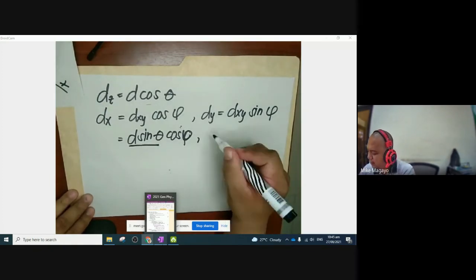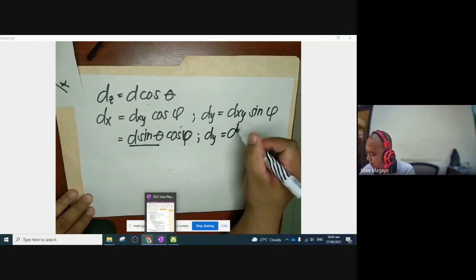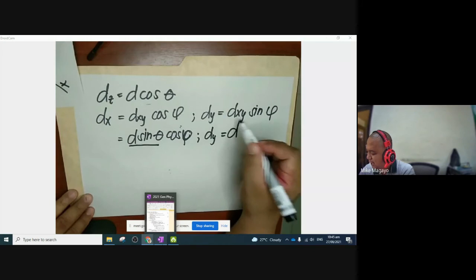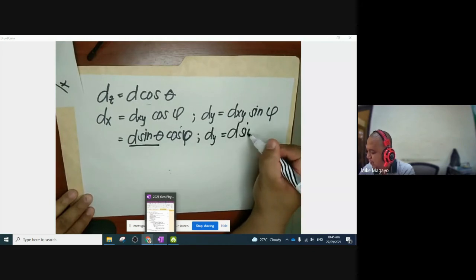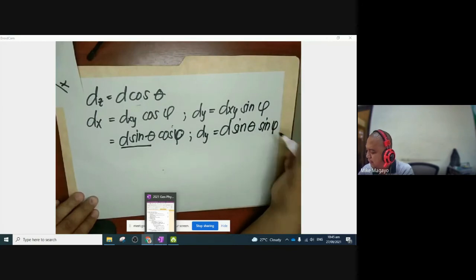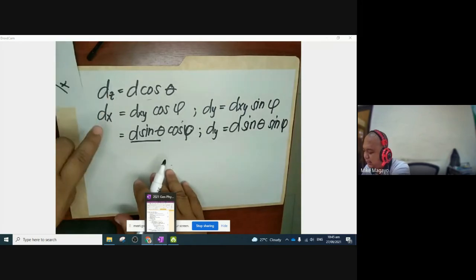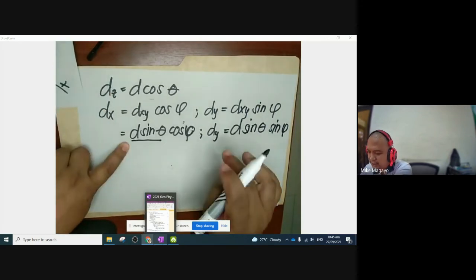On the other hand, our d sub y is the projection of d along xy, so that's d sine theta sine phi. That's it. So that's for dz, dx, and d sub y.